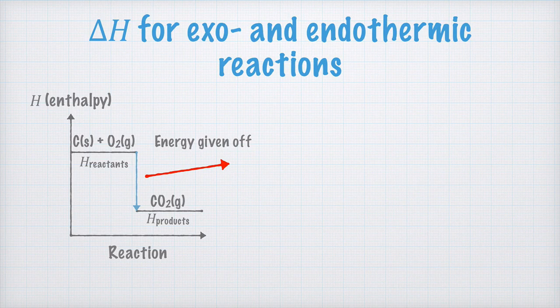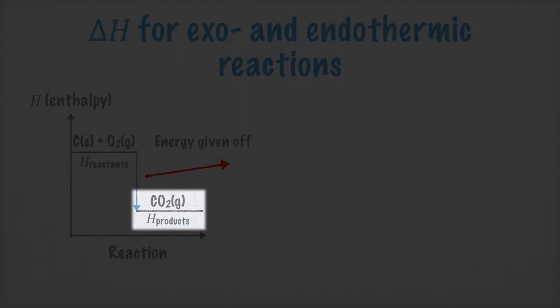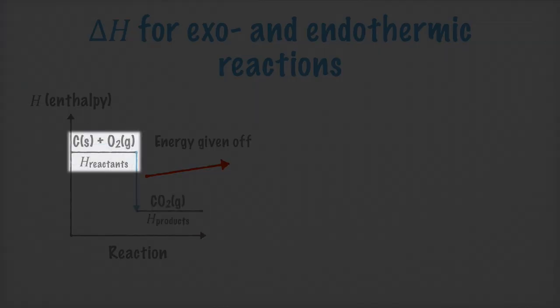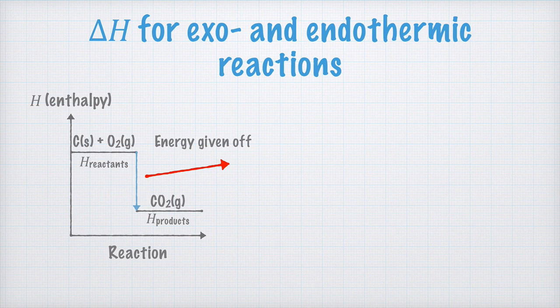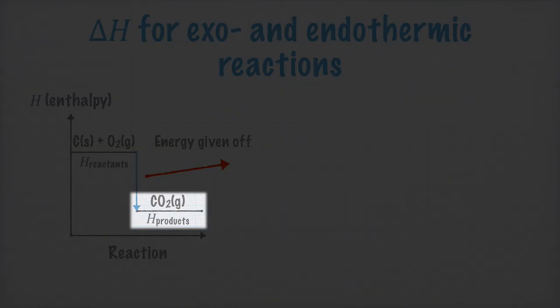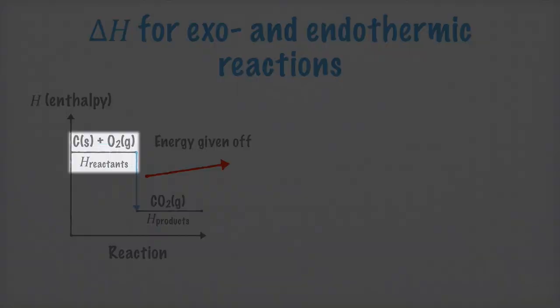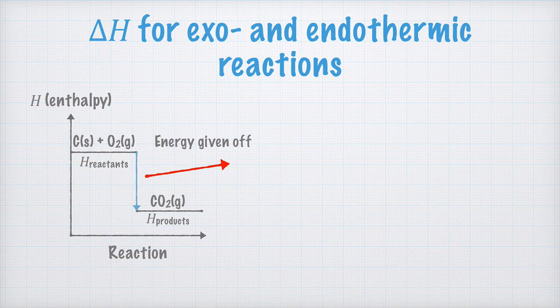And since the change in enthalpy, delta H, is the enthalpy of the products minus the enthalpy of the reactants, delta H becomes negative. I mean, we have quite a small number here, minus a bigger one. The result must then be negative. And this is actually true for all exothermic reactions. For exothermic reactions, delta H is always smaller than 0.